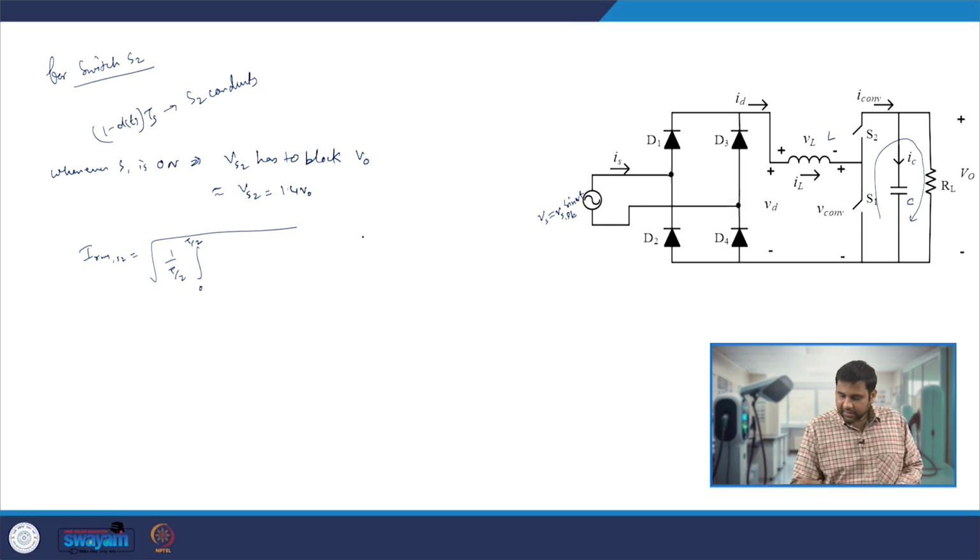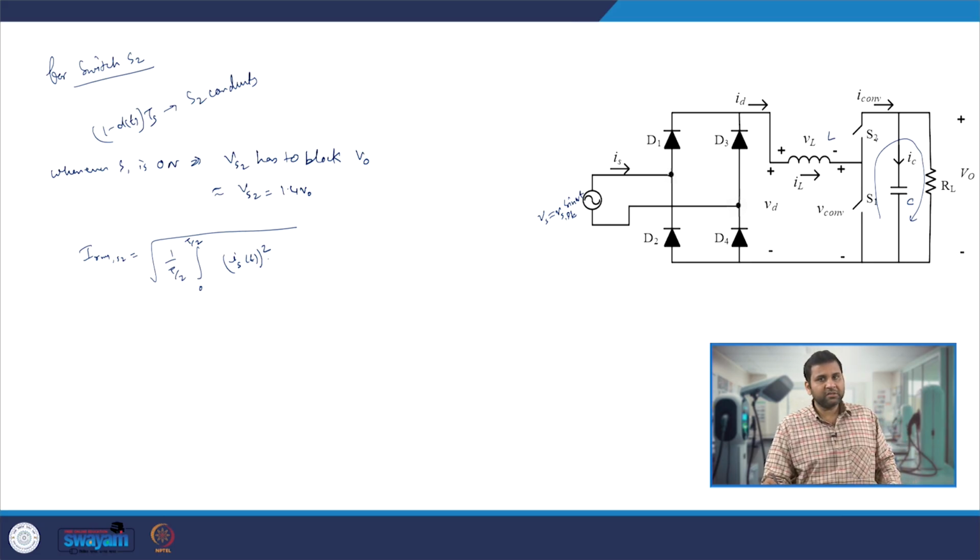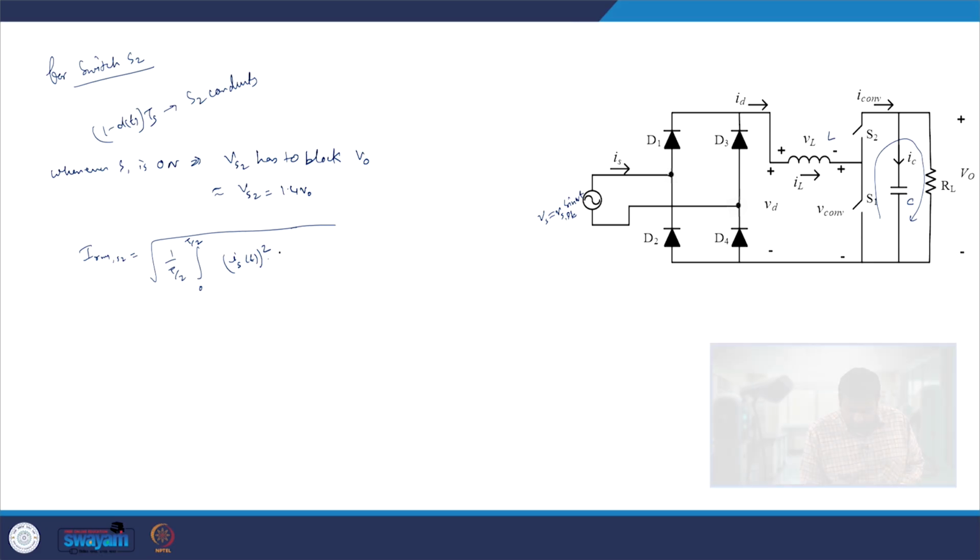So, we can write down that it is this Is current which is going through the S2 switch, Is of t square times the ratio of the time during which this S2 switch is on, which is nothing but 1 minus d of t fraction of the time it has been conducting, and then take the root mean square over the entire half line cycle going from 0 to T by 2.